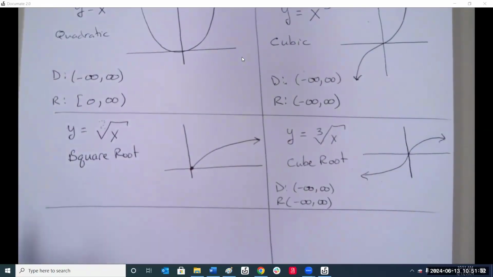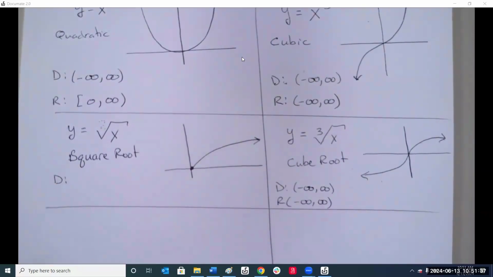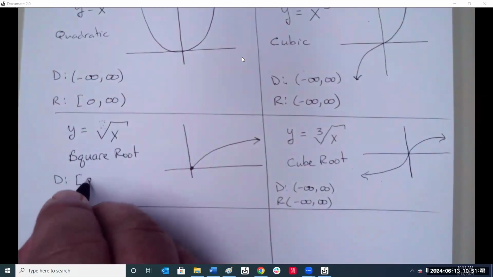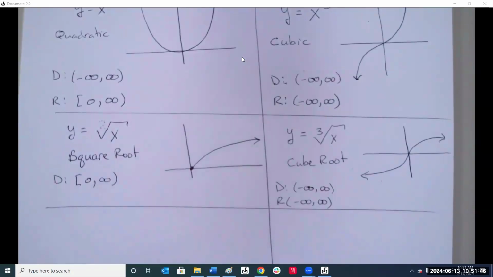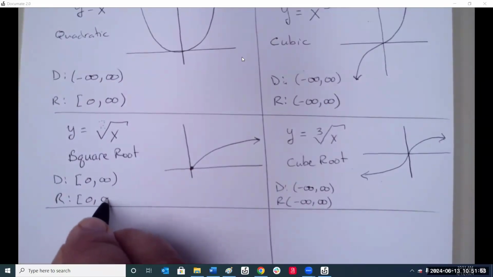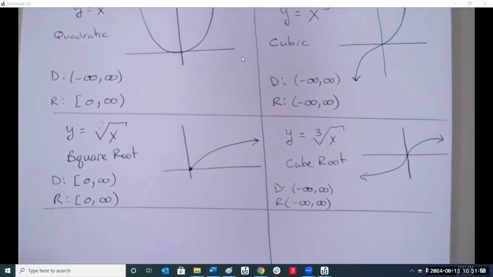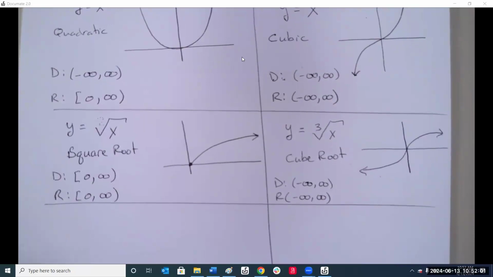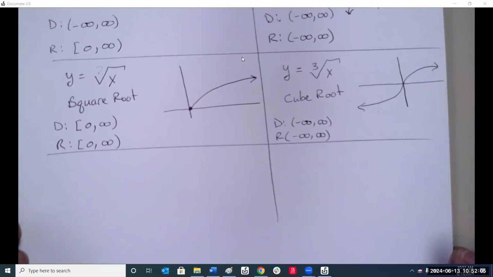Oop, we forgot the square roots. What is the domain of a square root? It starts at 0 and it goes to infinity. And the range starts at 0 and goes to infinity. Right.